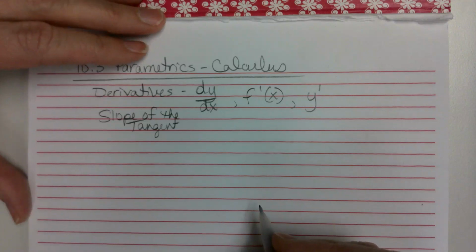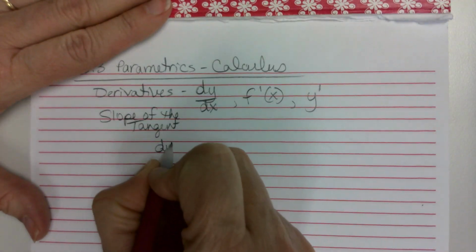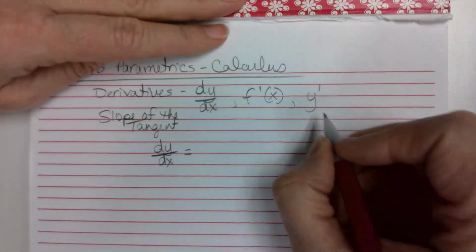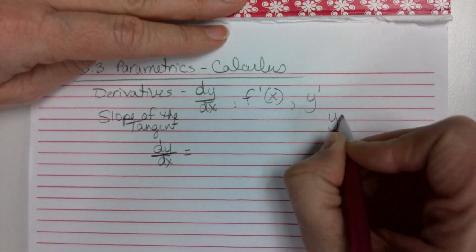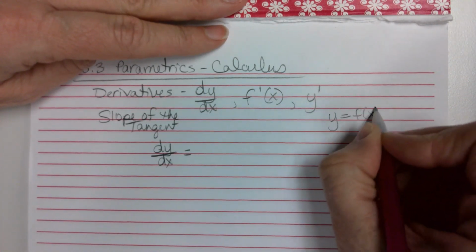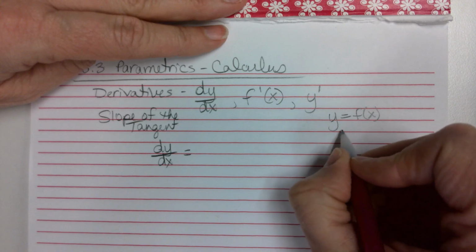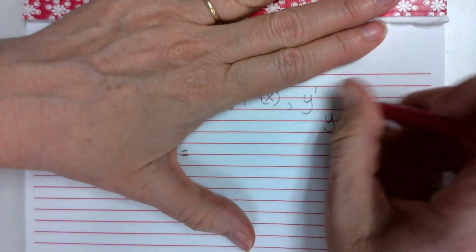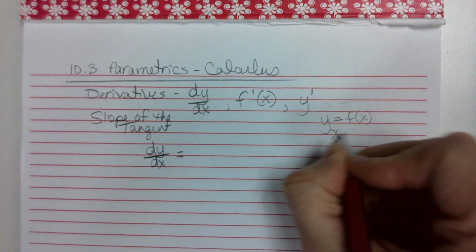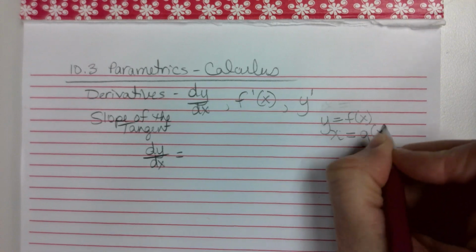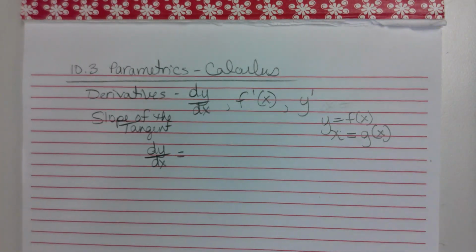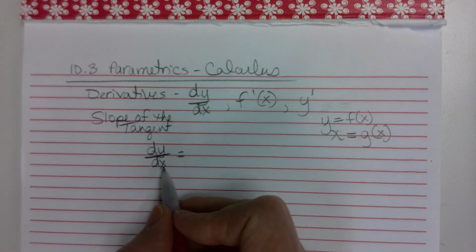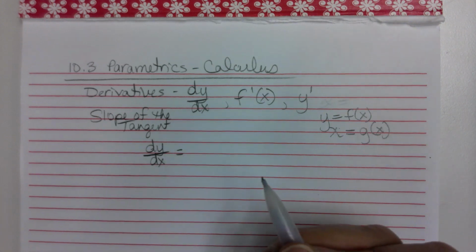So I don't want you to just be given a formula for dy dx, because I hope that you'll be able to see where it derives from. But if y equals some function of x and x equals some function of x, how do you think you would find dy over dx?